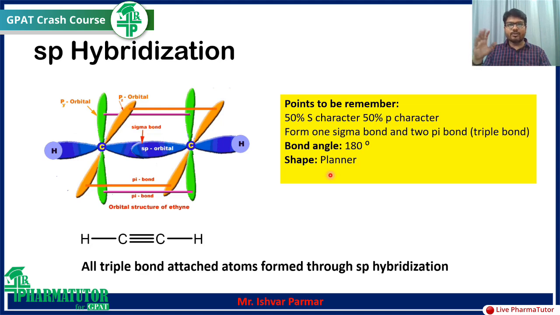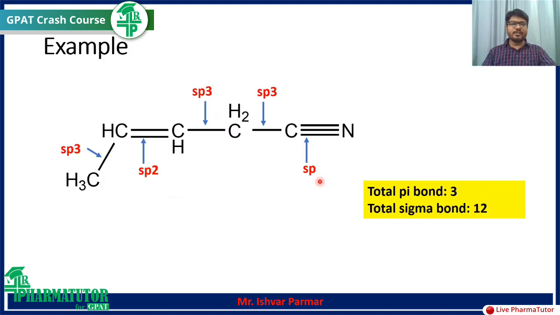As justification, you can explain that it has more s character, and as the s character is more, the compound will be more stable. Now here is one example, which has a double bond and a triple bond. Here the different covalent bond formations are indicated.